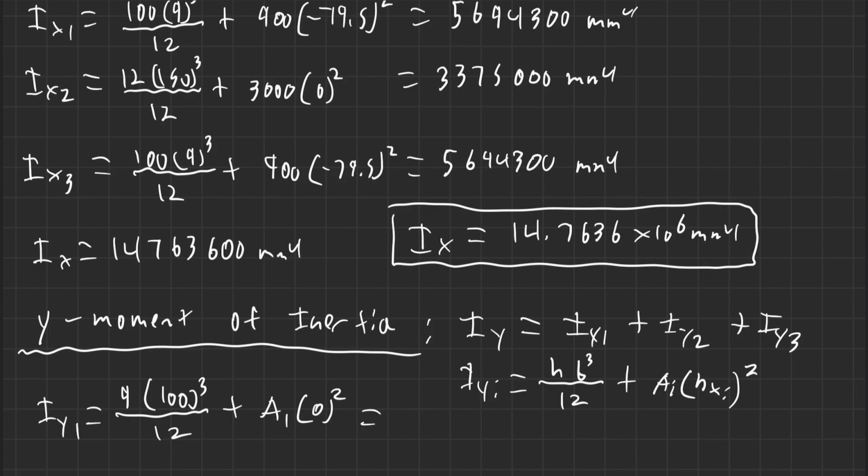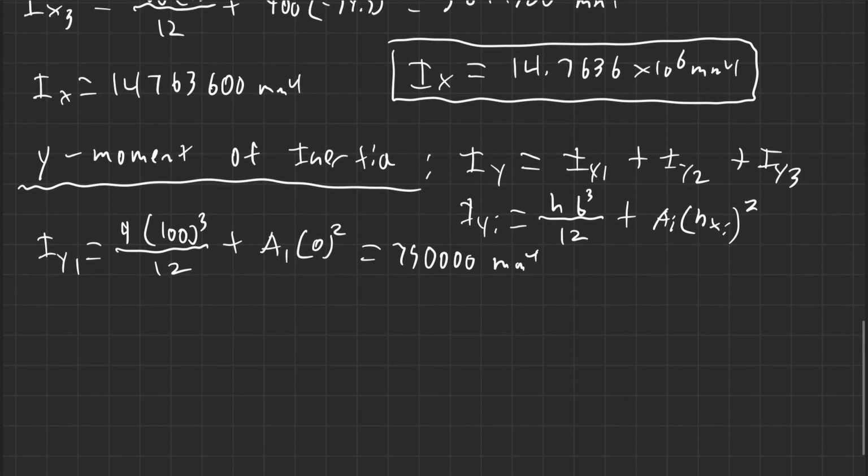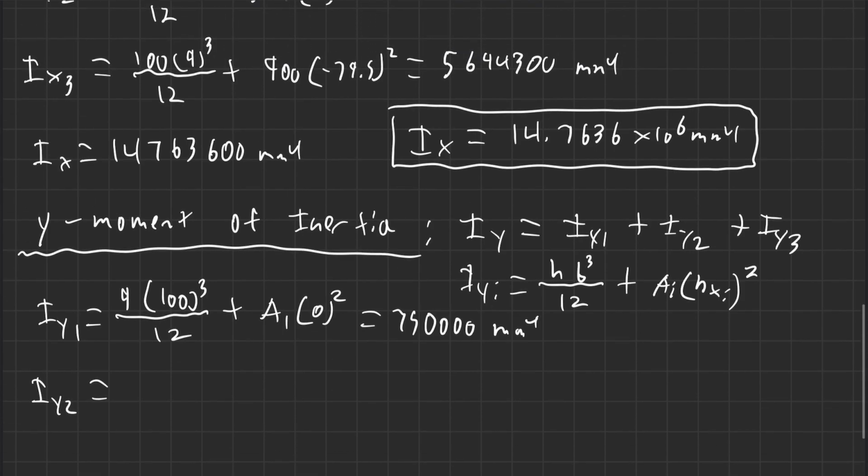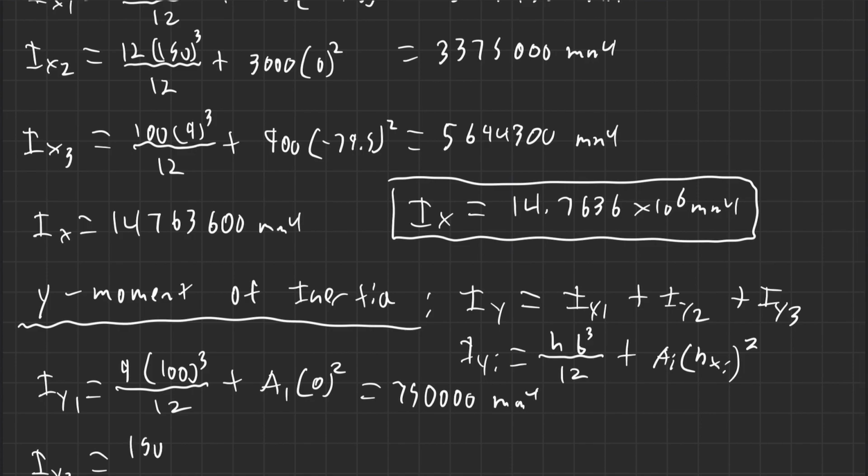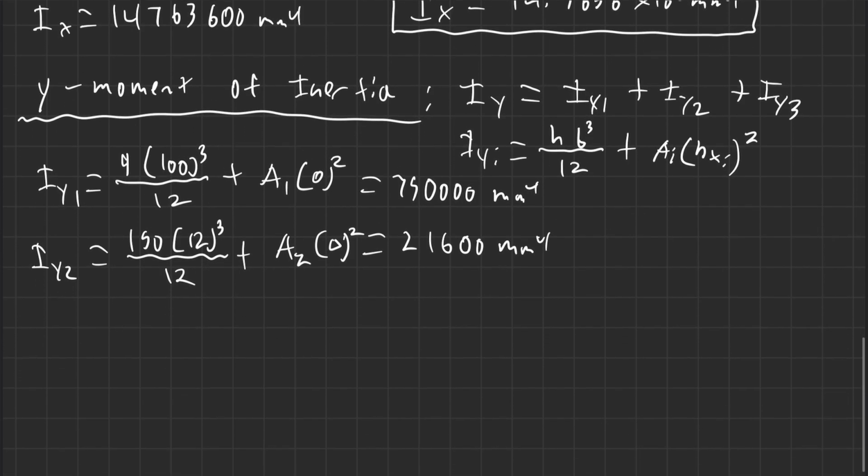Iy1 equals 75. All right, let's do Iy2. Again, we're just going to flip those, so we know that it's 150 times 12 to the 3 over 12, plus area 2 times 0 squared. All right, let's do the last one.